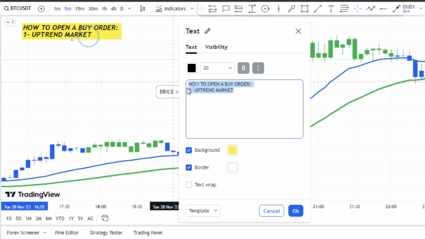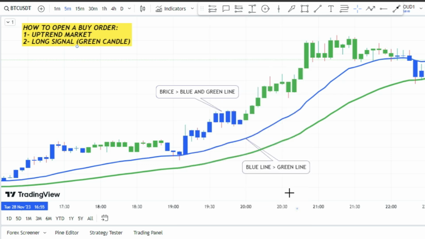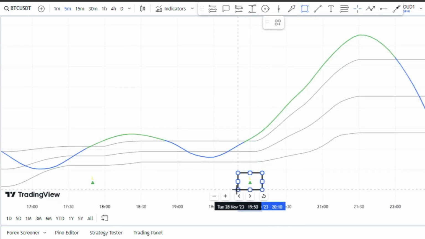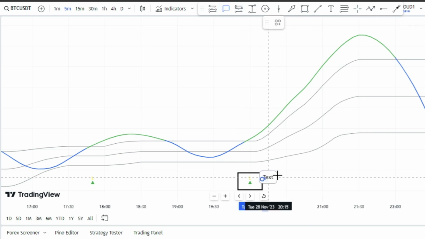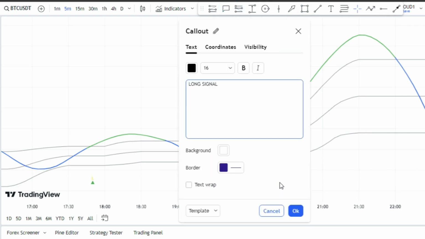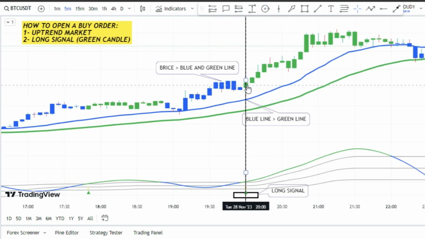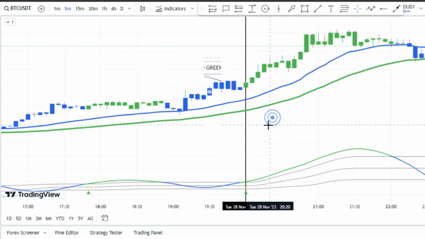Then we play a waiting game for a long signal, which is when the candle colors switch to green. Once all these stars align, you're all set for a long trade entry.